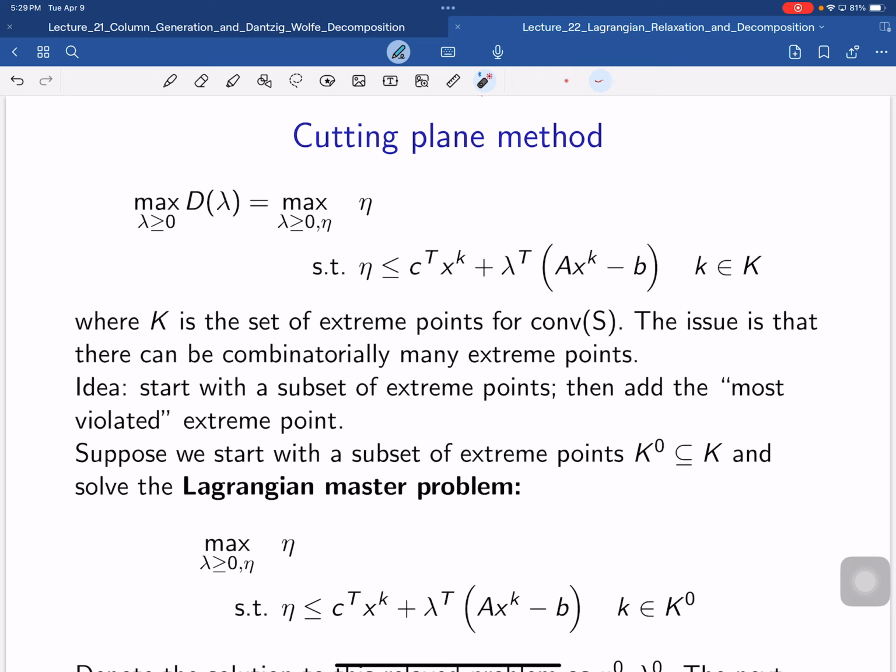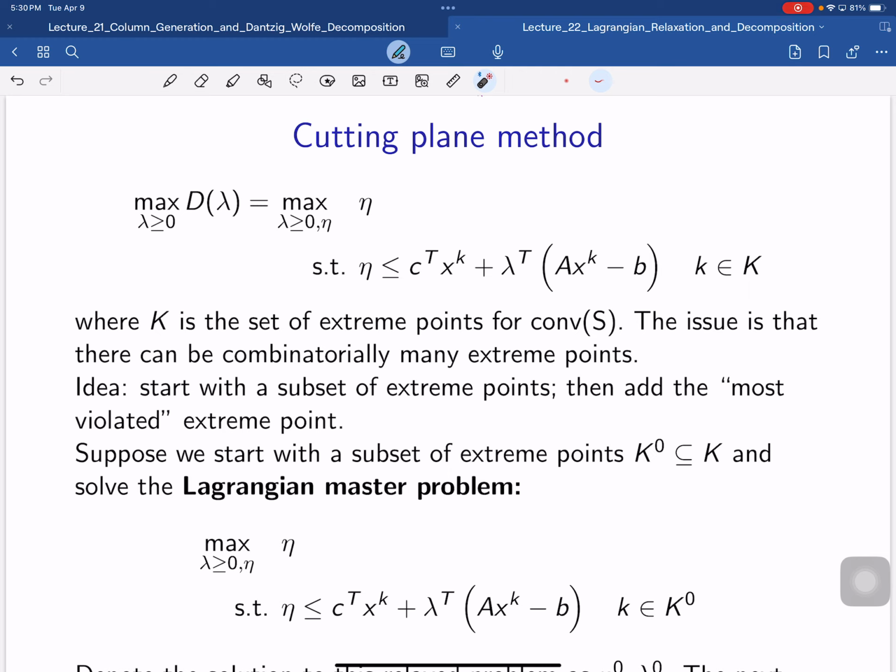Recall what we did in the past: when you cannot enumerate all the extreme points, you start with a subset of extreme points and gradually generate them on the fly. When you find out that a given cutting plane is violated, you add it back. Similarly, in column generation, you start with a subset of columns and gradually generate the column that gives you the minimum reduced cost.